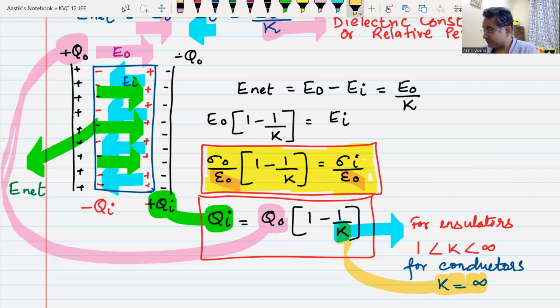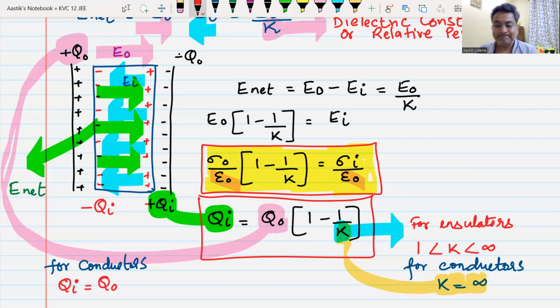The induced charge is 0, sir. For conductors, the induced charge Qi becomes the same as Q naught. Yes or no?